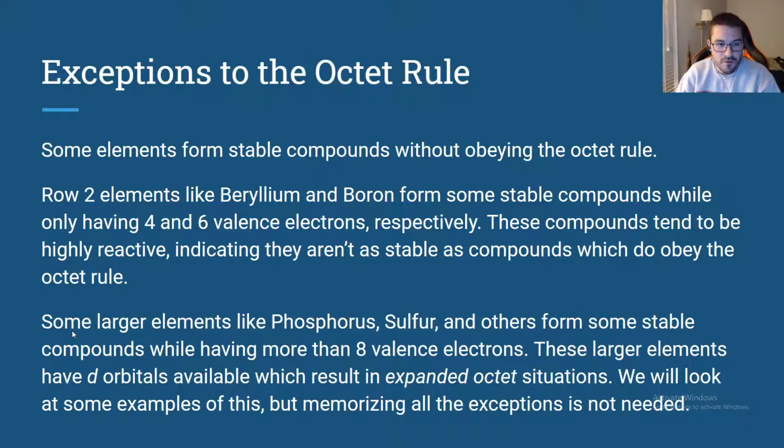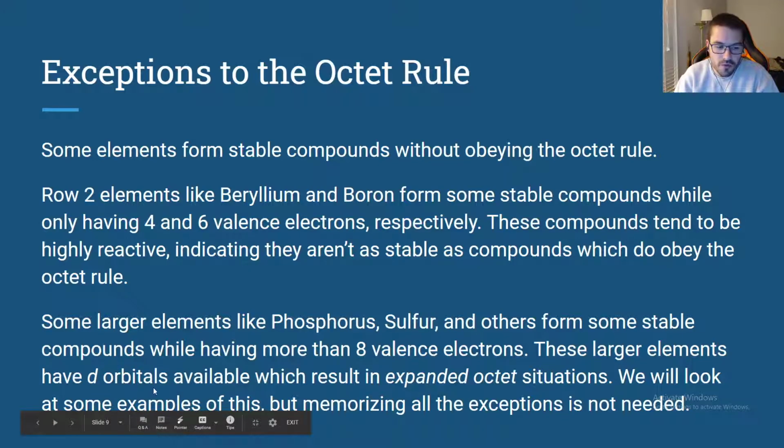Another set of exceptions, and actually there's quite a few that can do this. Some larger elements like phosphorus and sulfur, and others, even some noble gases, like some of the large ones like xenon, can form stable compounds while having more than 8 valence electrons. These larger elements have access to d orbitals.